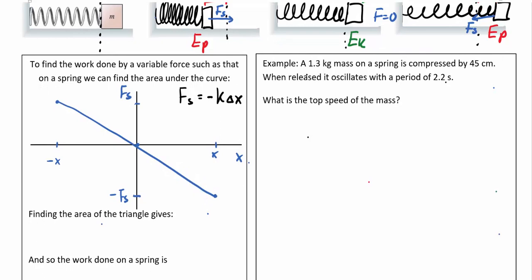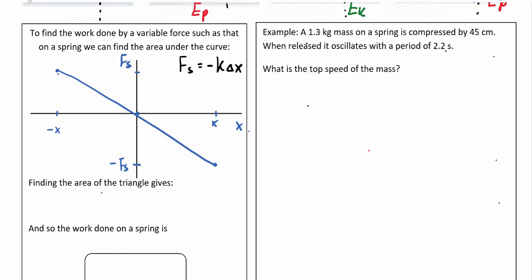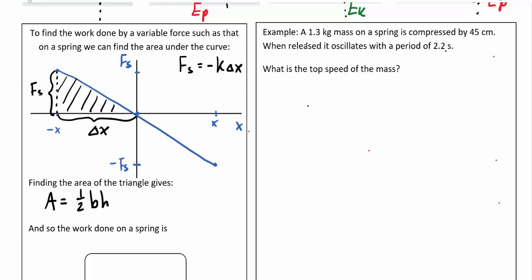So if we find the area of this triangle, just imagine I'm going to look at just this region right here, and I'm going to find this area. Area is going to be equal to 1/2 base times height. Now the base of this triangle really is my delta x, and the height of this triangle is the spring force, and so this becomes 1/2 x times spring force.